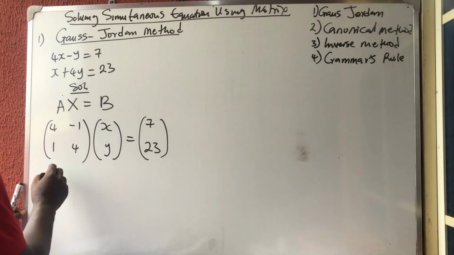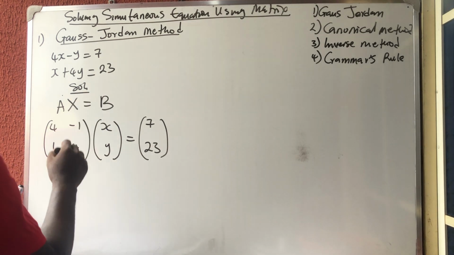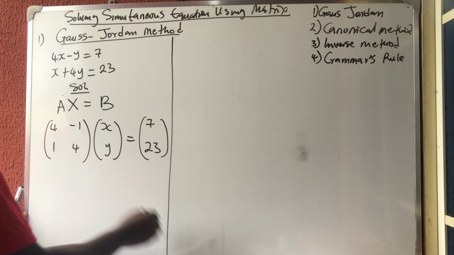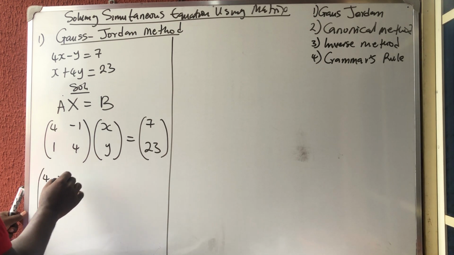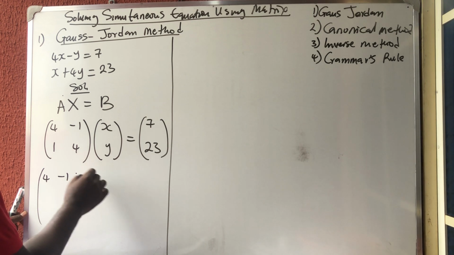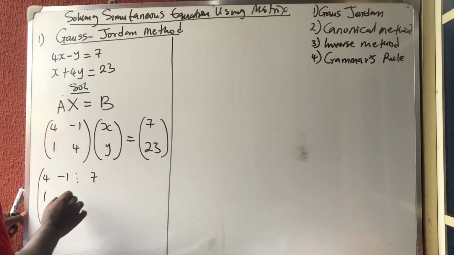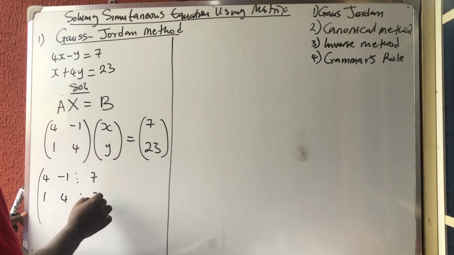So we're going to have this augmented matrix: 4, minus 1, dot, 7; 1, 4, dot, 23.